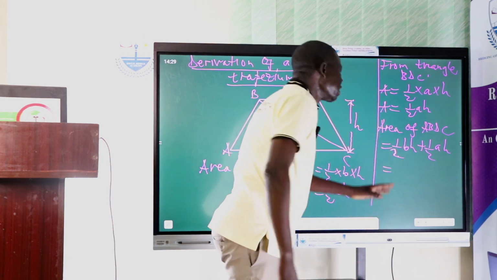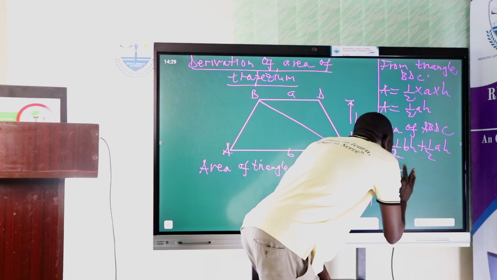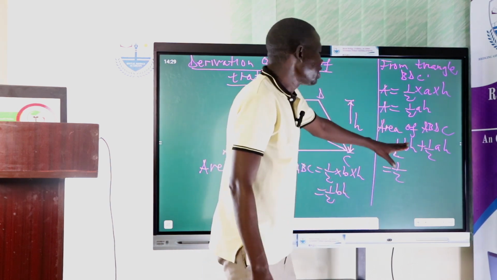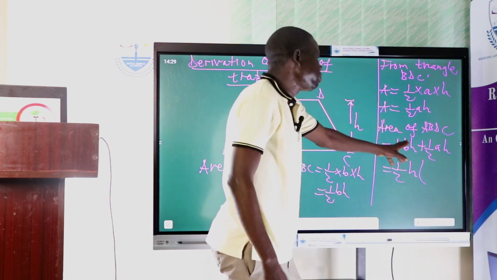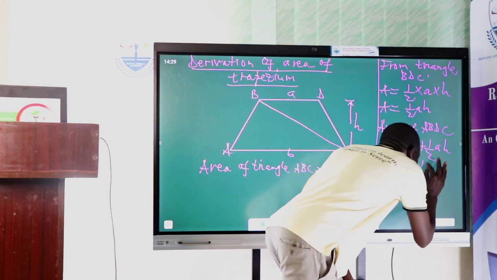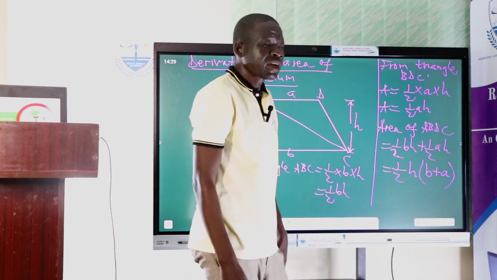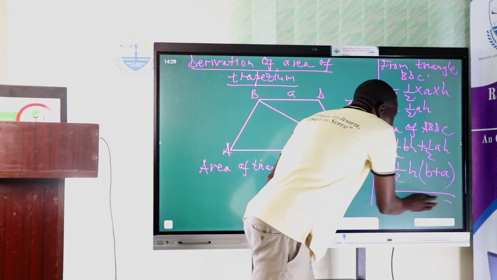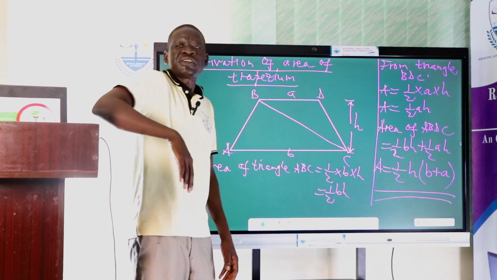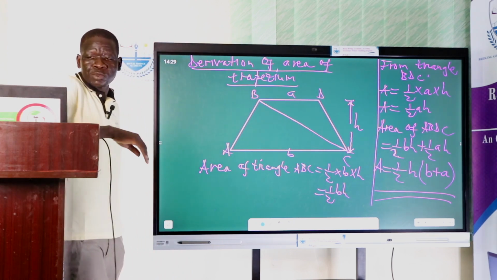Here you can see that a half is common, so I will factorize it. I pull out a half. The h is also common. I pull out the h into b plus a. So the b and the a are the parallel sides. So therefore this becomes the formula for finding the area of the trapezium. That is how we derive it from first principles.